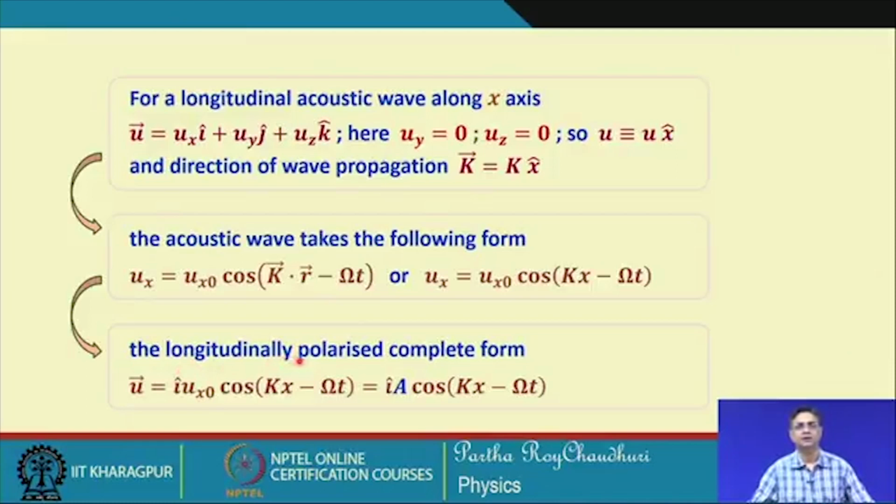For the longitudinally polarized complete waveform, we can write this equation more simply as this, where we have replaced this by the amplitude A and the cosine of this argument.